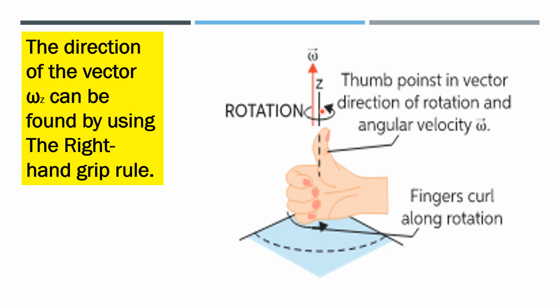You try to grip that axis in a manner where you curl the four fingers counterclockwise. Therefore, your thumb will be pointing towards you, and that is actually the positive z-axis.